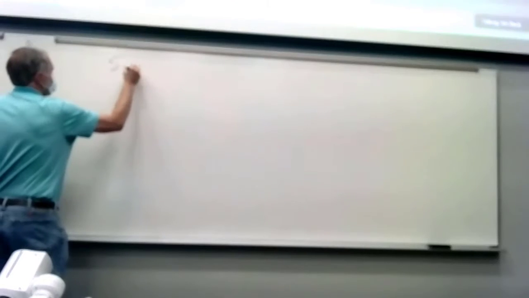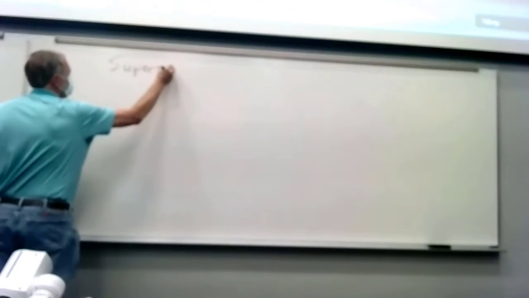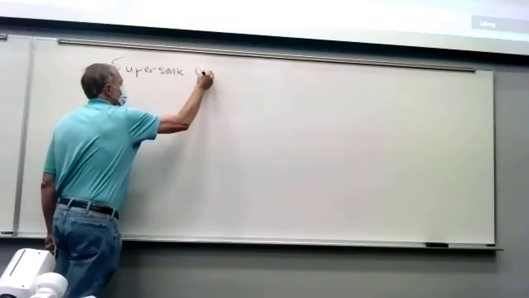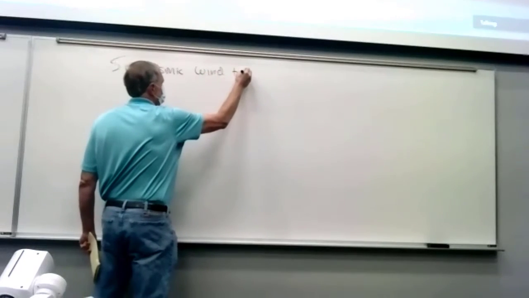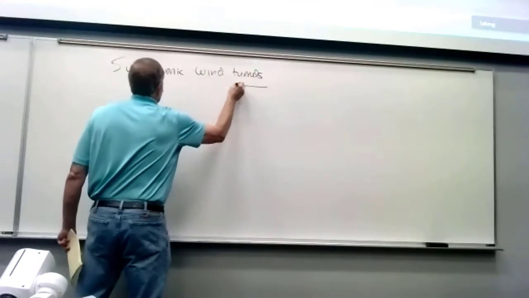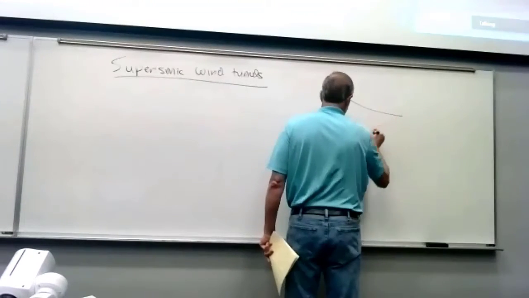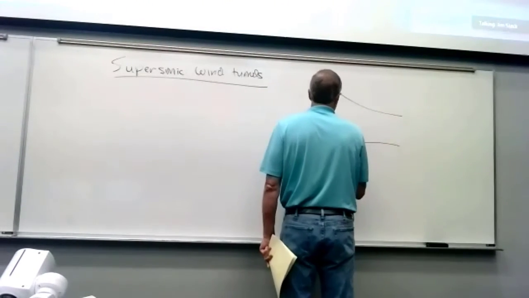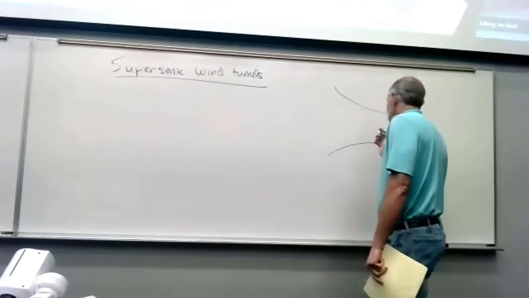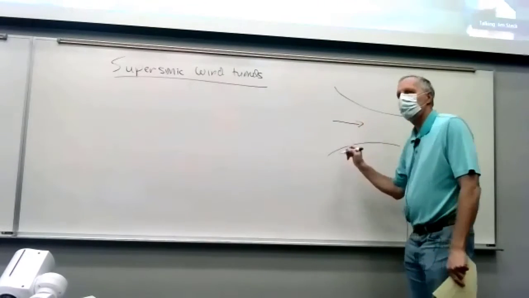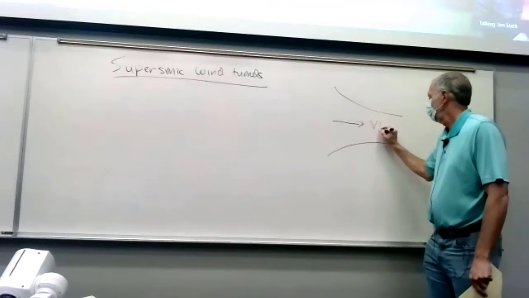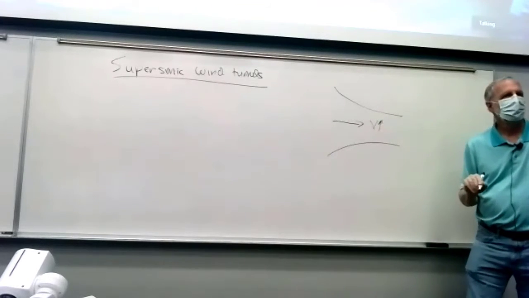Okay, so the next thing we want to talk about is supersonic flow in wind tunnels. And what people found out is that when you take flow and you accelerate it by running it through a decreasing area, the velocity is going up.